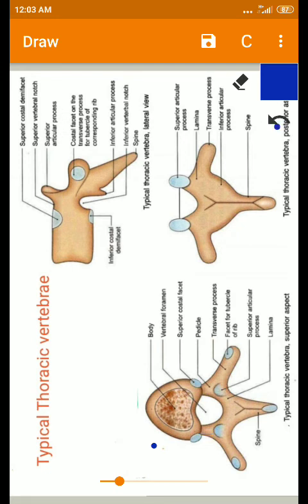And coming to the laminae, here the laminae are short, broad and thick, and overlie each other from above. That means this is the superior vertebra, and another vertebra is present here.